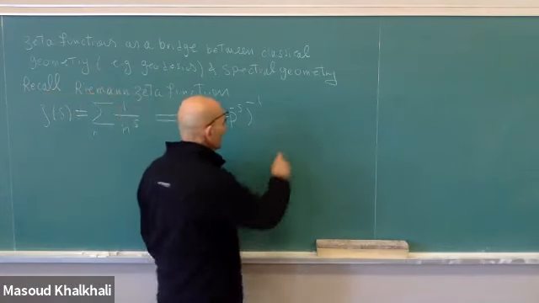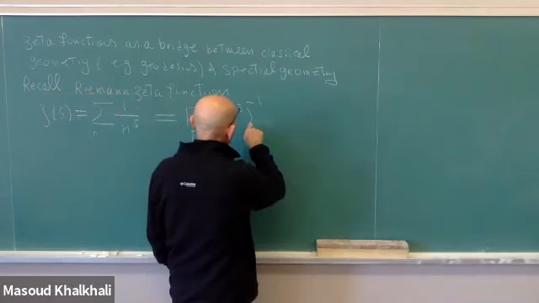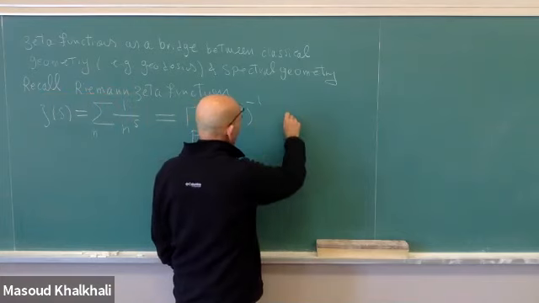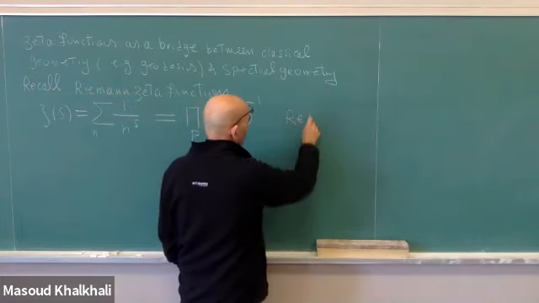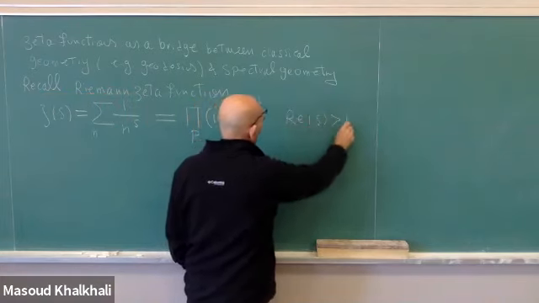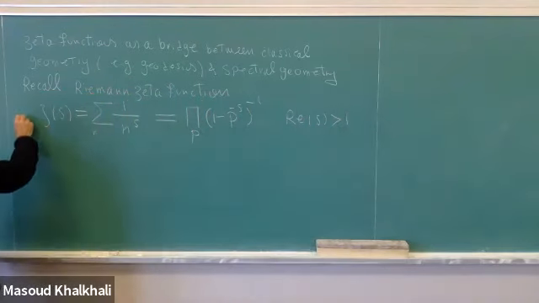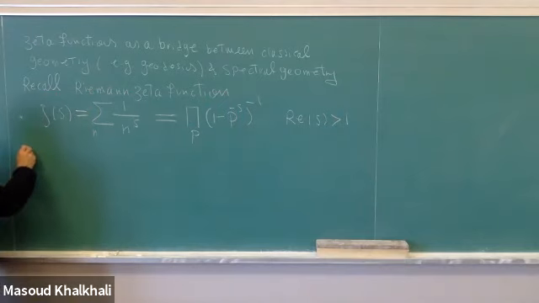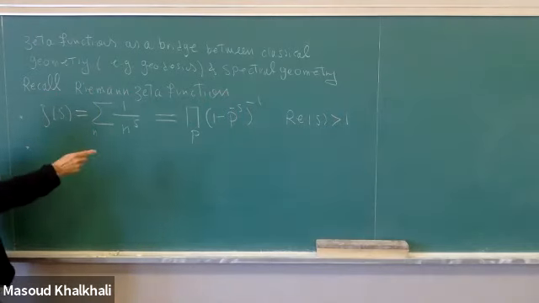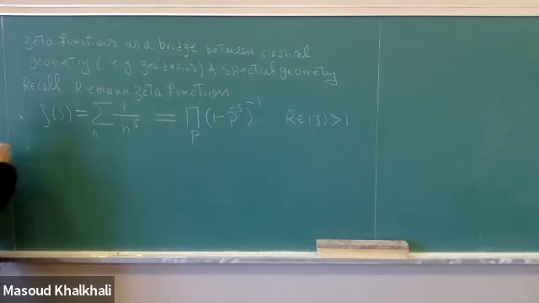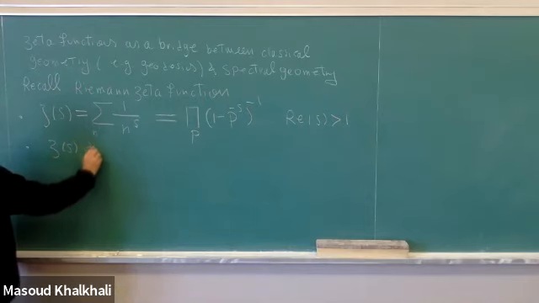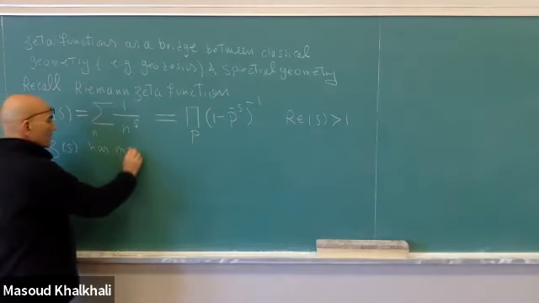Originally this is convergent and holomorphic for real part of s bigger than 1. That was the first step. In the next step, we said that this zeta can be meromorphically extended.